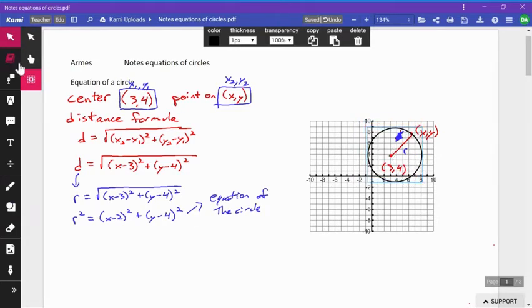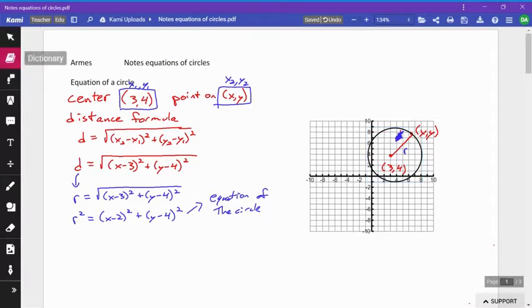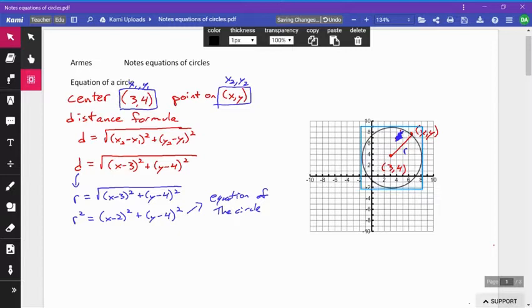Let's see, kind of make it a little bit bigger. So if I make it a little bit bigger, suddenly what I get is this circle with a radius and a center.